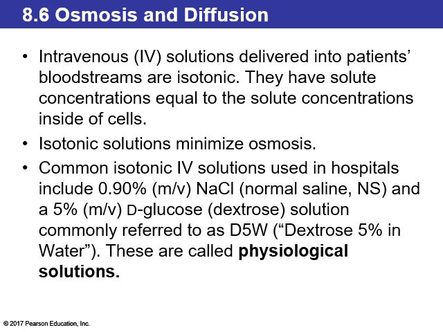One of the more common ones is the 0.9% sodium chloride, 0.5% glucose solution. It's called D5W, and this is an example of what we call a physiological solution. When you say physiological solution, that's synonymous with isotonic to human blood, so we can administer this and keep the patient healthy.